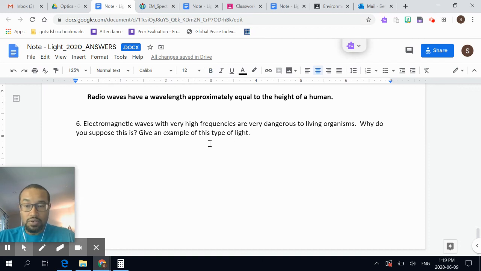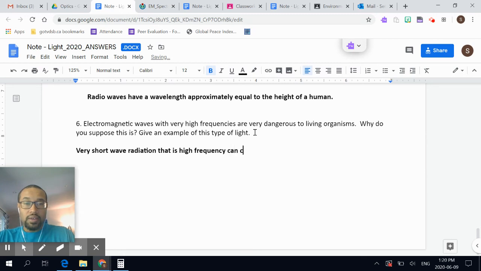Right. So let's write that in. Very short wave radiation that is high frequency can cause damage to DNA in cells.